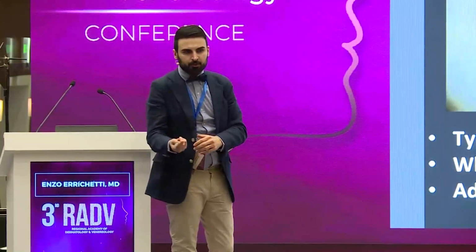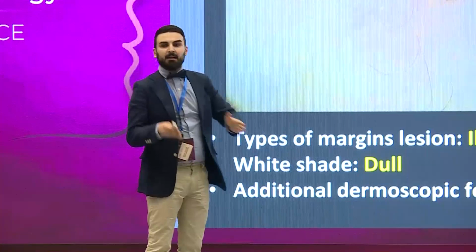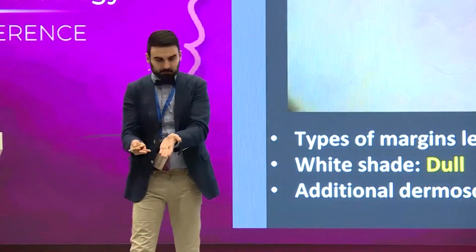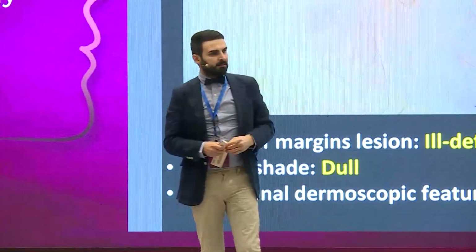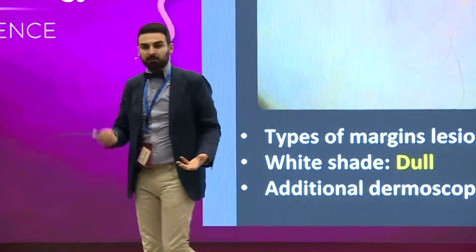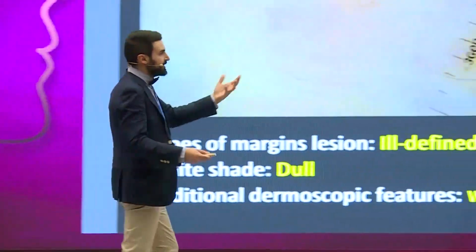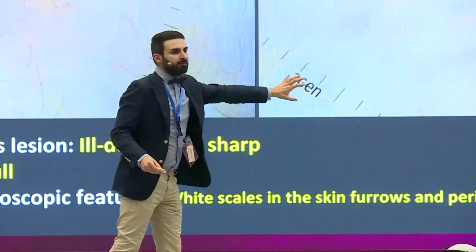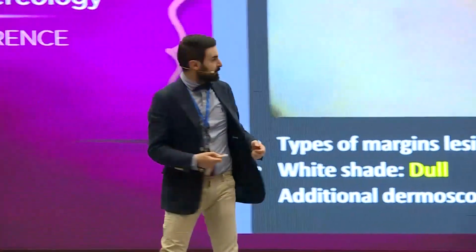I already told you that the main clue is the presence of white scales in the skin furrows. But we also have perifollicular white depigmentation, because the fungus has a tropism for the follicle. So even if we treat the patient, this pattern remains. So we can also do a retrospective diagnosis.